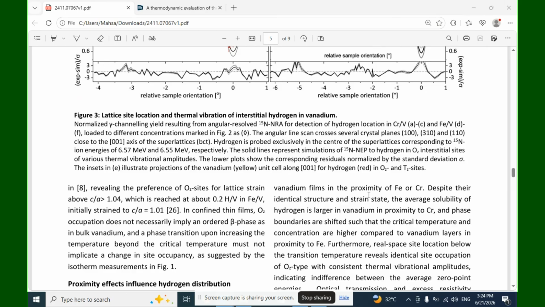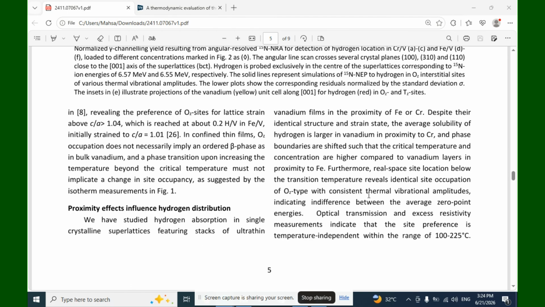In confined thin films, oxygen occupation doesn't necessarily imply an ordered beta phase as in bulk vanadium, and a phase transition upon increasing the temperature beyond the critical temperature must not implicate a change in site occupancy, as suggested by the isotherm measurement in figure 1.